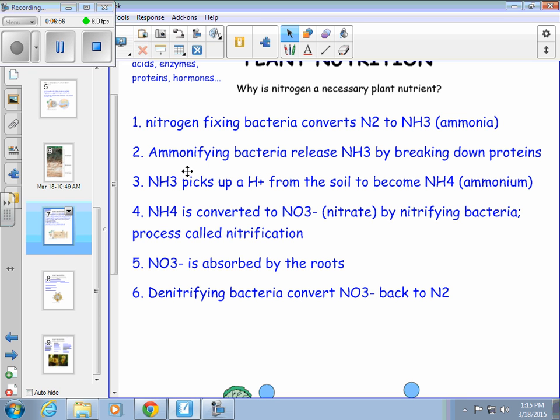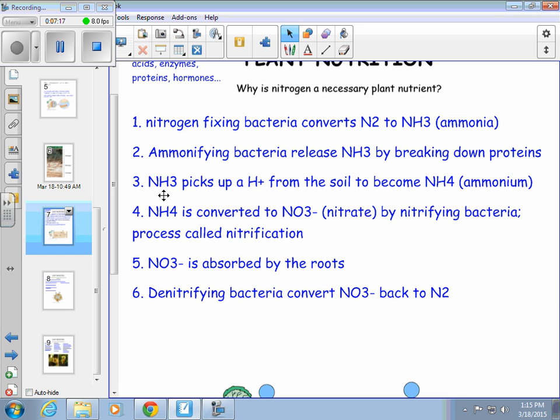We also have a different kind of bacteria that are in the soil called ammonifying bacteria, and these bacteria will release ammonia by breaking down proteins. Now, through step 1 and step 2, there are 2 different ways, but both coming up with ammonia.